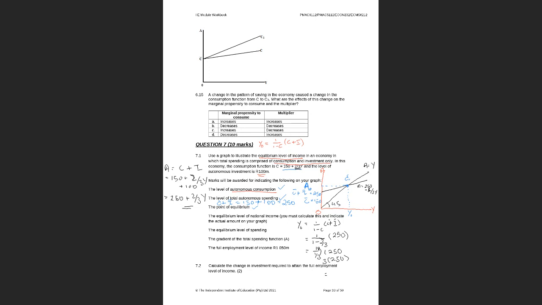Brilliant. On a Friday afternoon, your minds are still fresh. I love it. 750. Now it says indicate that on the graph, and that's where I'll put 750 over here. And I'll put 750 over here as well.